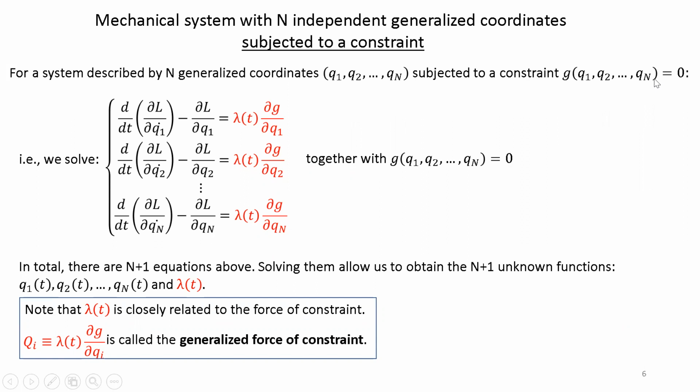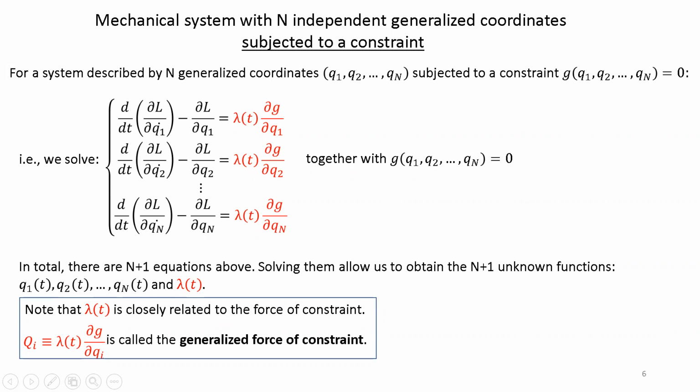Now, if you want to solve the equation of motion, this is what you have over here. There are n equations, plus the constraint equation, so you have n plus 1 equations. Then you need to solve for n plus 1 unknown functions, which are all the q(t) and the lambda(t).